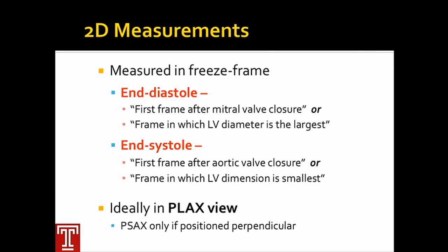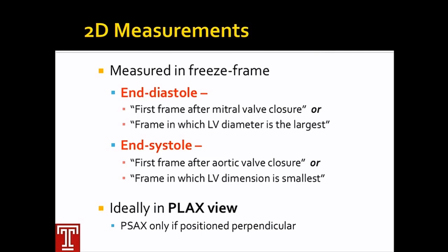So end diastole can be measured either as the first frame after mitral valve closure, which is the Wiggers method, at least in my lab, or, for me, it's the frame in which LV diameter is the largest. My argument there being that if the mitral valve is closing, the left ventricle must be contracting.